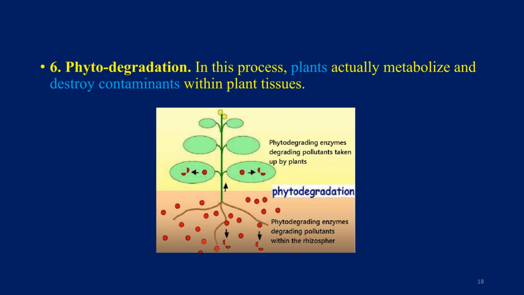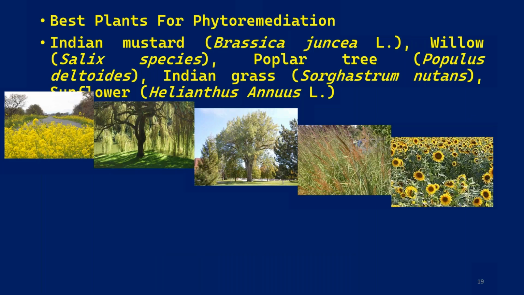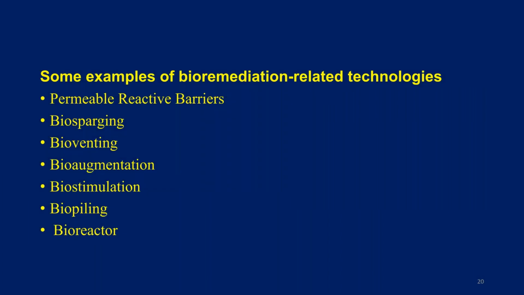Best plants for phytoremediation: Indian mustard, willow, poplar tree, Indian grass, sunflower. Some examples of bioremediation-related technologies: permeable reactive barrier, biosparging, bioventing, bioaugmentation, biostimulation, biopiling, bioreactor.